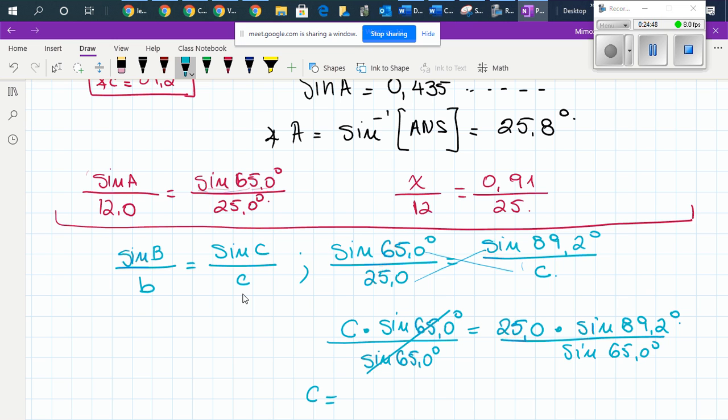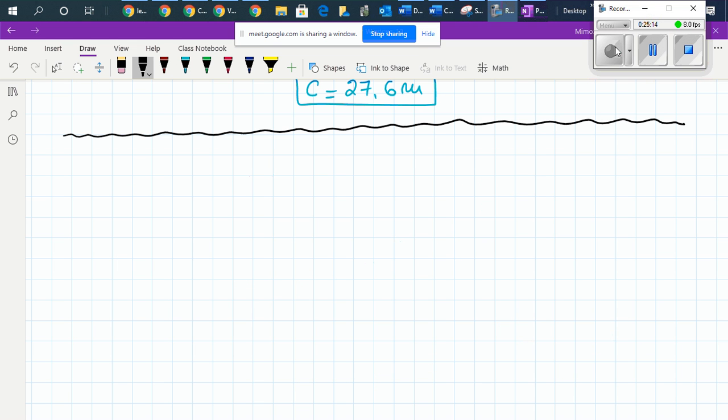And C will be 27.6 meters. And this way we solved the triangle, meaning that we found all the sides and all the angles of this triangle, which is not a right angle triangle, but in this case, what we will use is sine ratios.